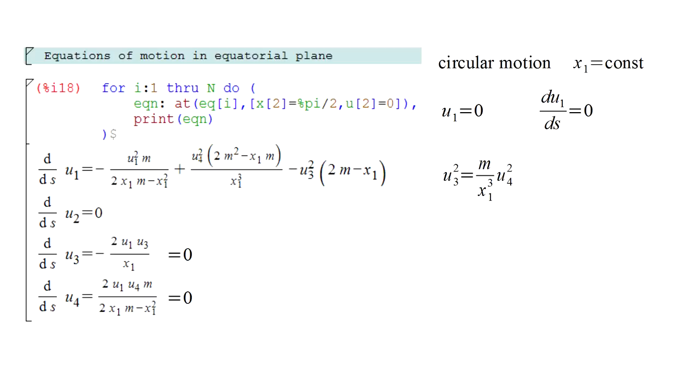And the first equation, after canceling a common factor, reduces to u3 squared equals m over x1 cubed times u4 squared. From this, we get u3 over u4 equals 1 over x1 times square root m over x1. It could also be the negative of this, corresponding to a circular orbit in the opposite direction.